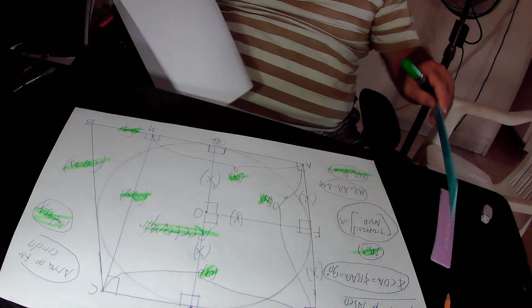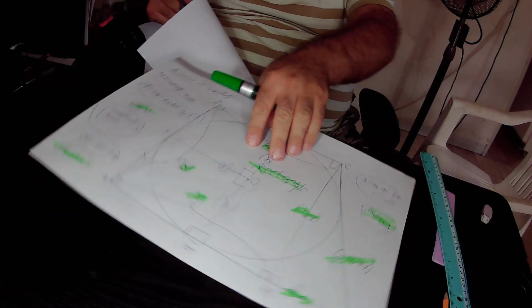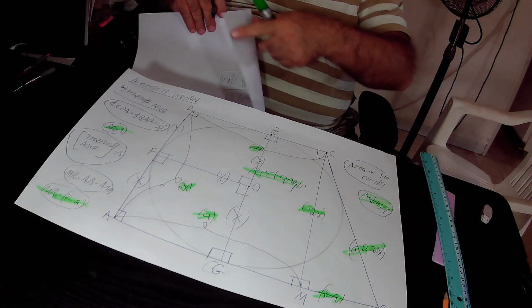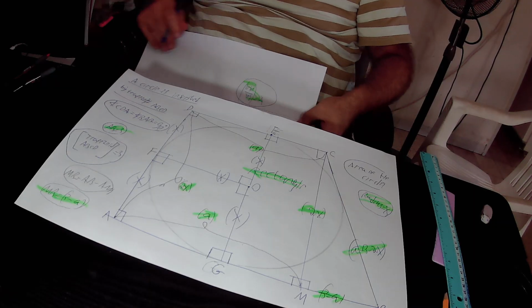In the next step, we calculate the area of this trapezoid ABCD according to the formula that I presented to you at the beginning of the lecture.